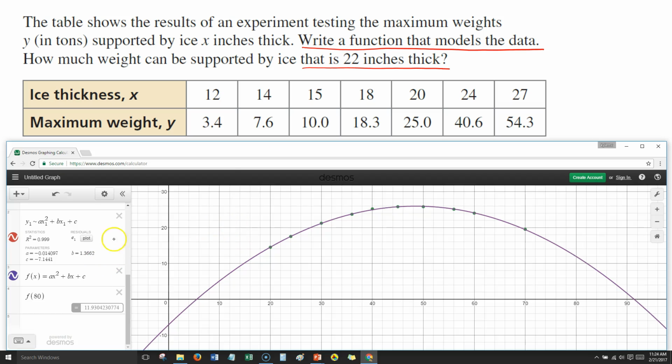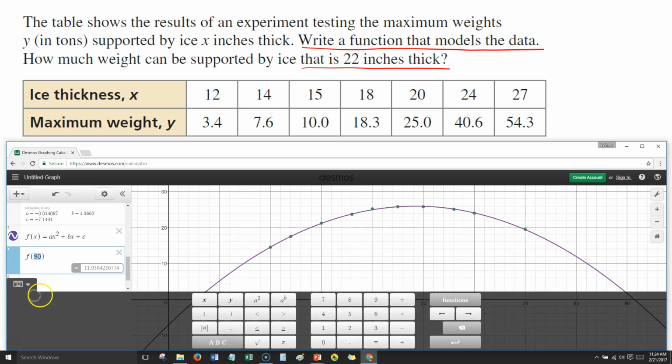Woohoo! So what I'm going to do is leave this part alone. I'll change my f of x to just have a, b, and c so I don't have to type the new numbers in. It'll automatically get updated. I'm going to be interested in f of 22 because it's ice that is 22 inches thick, and my x values are my ice thickness. And all I'm going to change is my data. So my ice thickness is my x values.